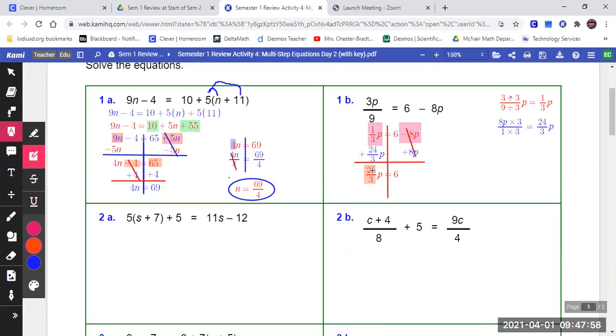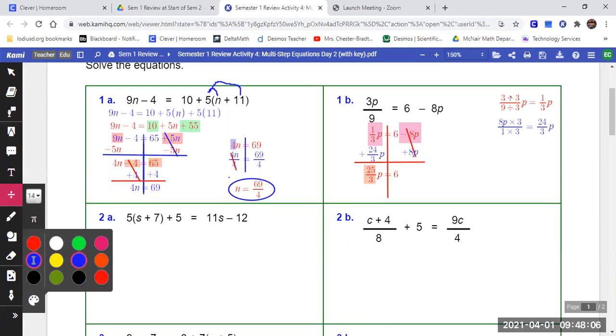So what is it going to change? What's the flip going to look like? Yes.